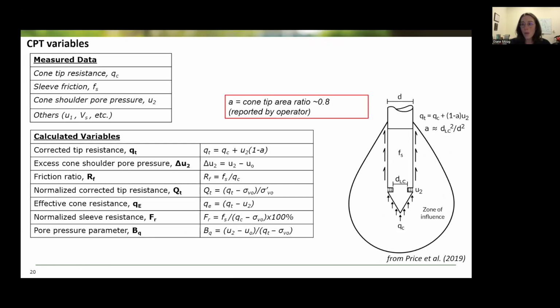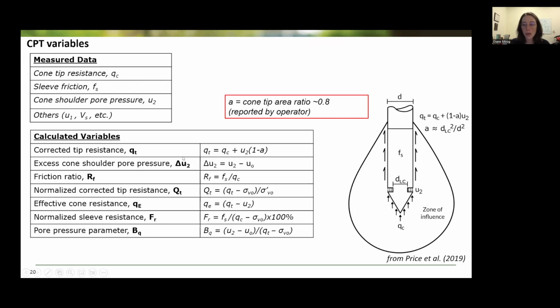So we get the CPT data. We're getting cone tip resistance, sleeve friction, pore water pressure. We're correcting cone tip resistance with that area ratio. Now there's variables that we're calculating from the cone data.